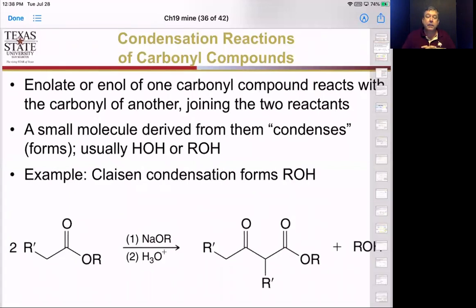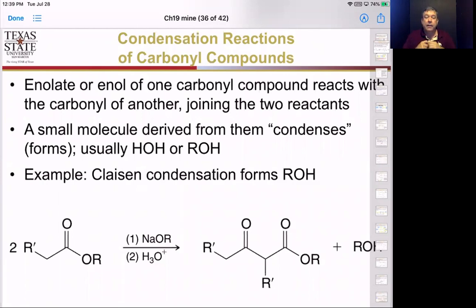The reason they're called condensation reactions is we typically lose something like water or an alcohol from the material, okay? So we have a small molecule driven off from the compound, and our final product is a combination of 2 of that type of material, okay?